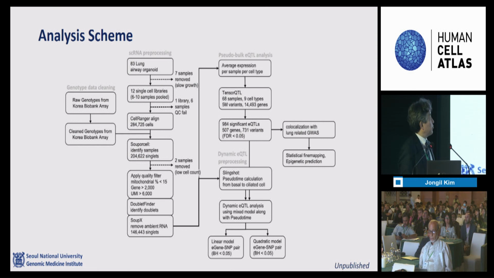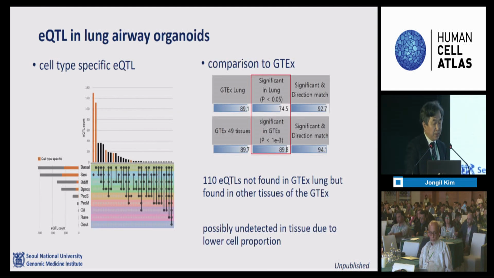And finally, we found more than 900 significant eQTLs from 500 genes. After that, we tried to co-localize with the lung GWAS data, and we also did dynamic eQTL analysis with a mixed model.